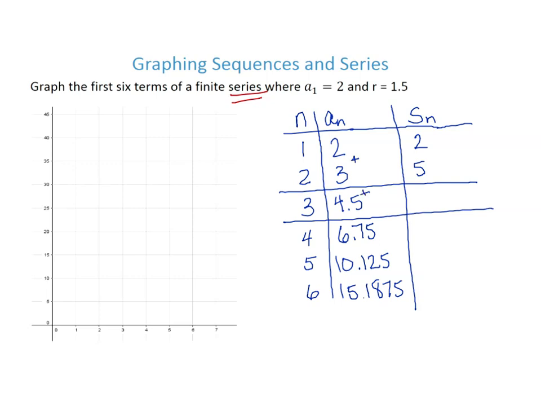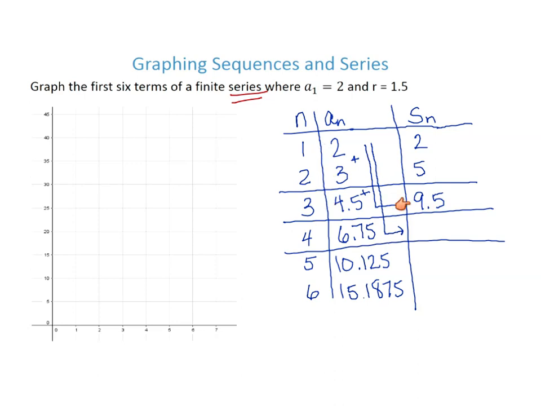Well, 2 plus 3 is 5, and then I'm going to add on to that 4.5, so I get 9.5. See, so I'm adding all 3 of these to get this sum. So now I want the sum up to here, which means I'm adding all 4 of these to get this sum. Right, so let's add it up.